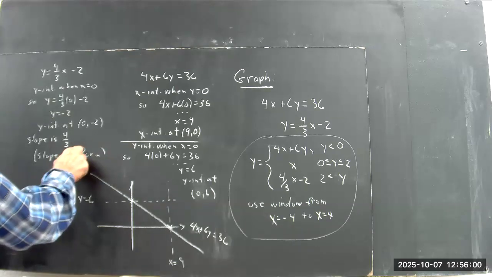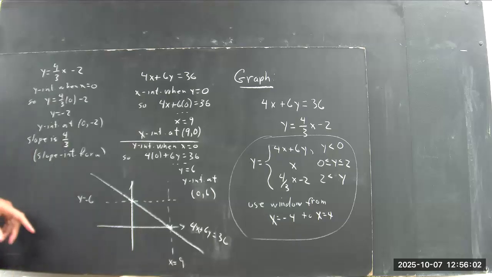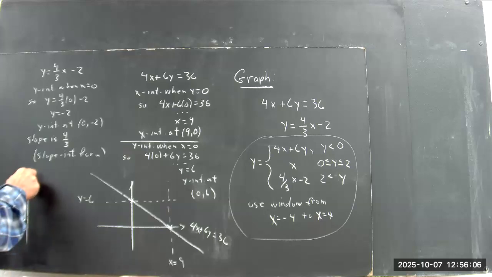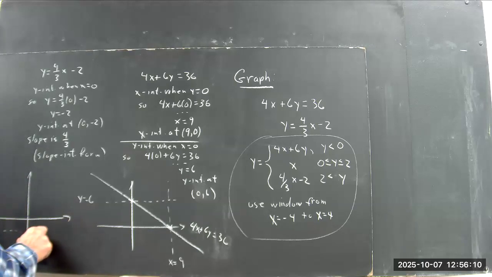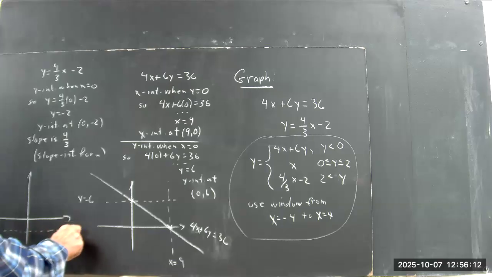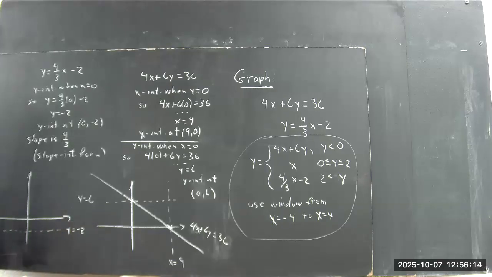In other words, this is in slope-intercept form, so we're going to use the fact that we can just read off the slope. So how do we sketch the graph? We put the line y equals -2 here. Mark the y-intercept. And then we move over. Well, this is rise over run.